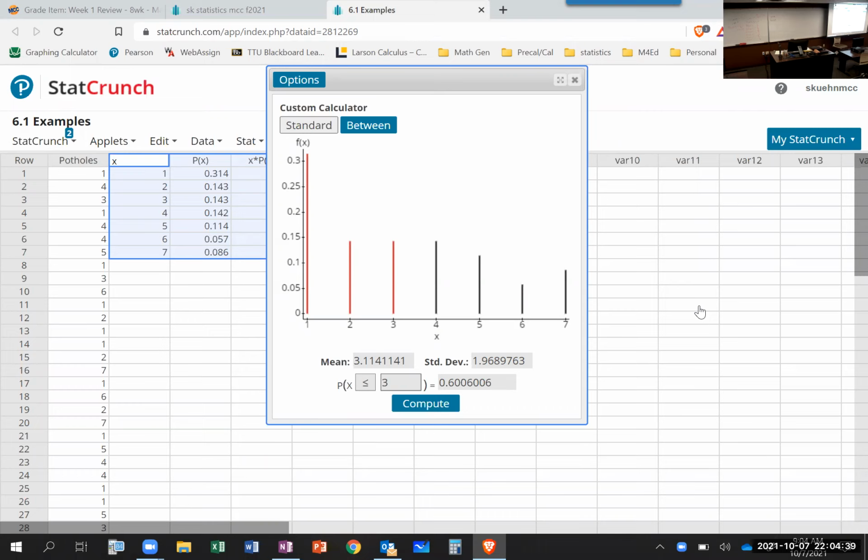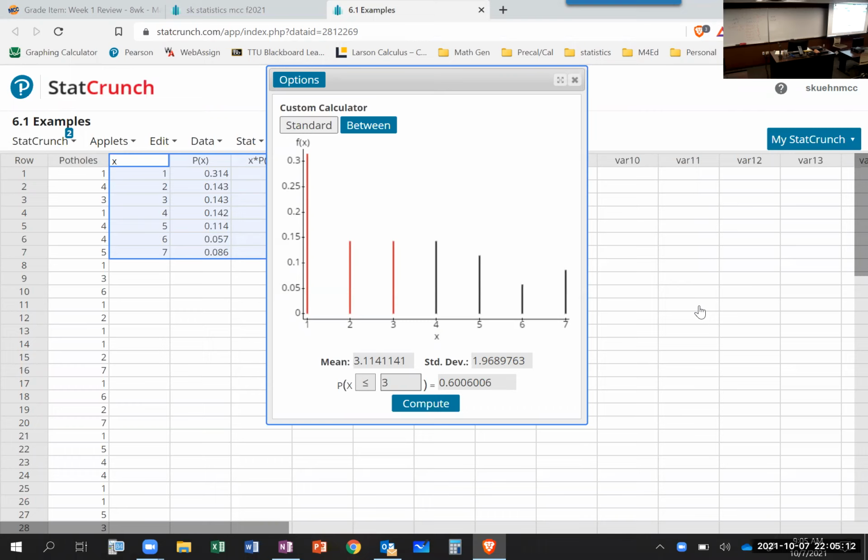You have to choose potholes at the top. And we're going to choose a relative frequency in the center. And you store it in the table. So scroll down to the bottom to see store in table. Okay, so now you have it in there.